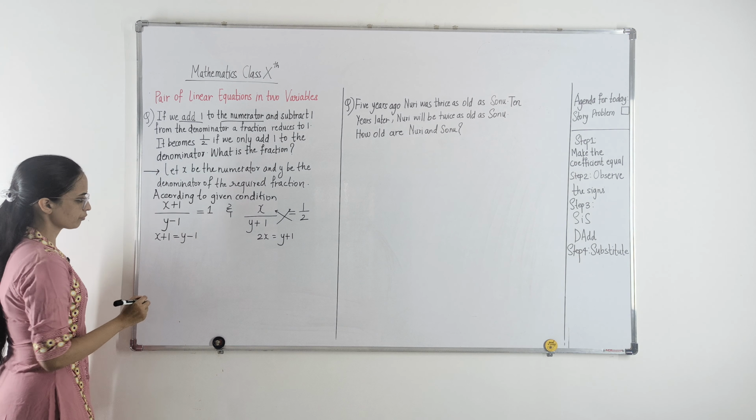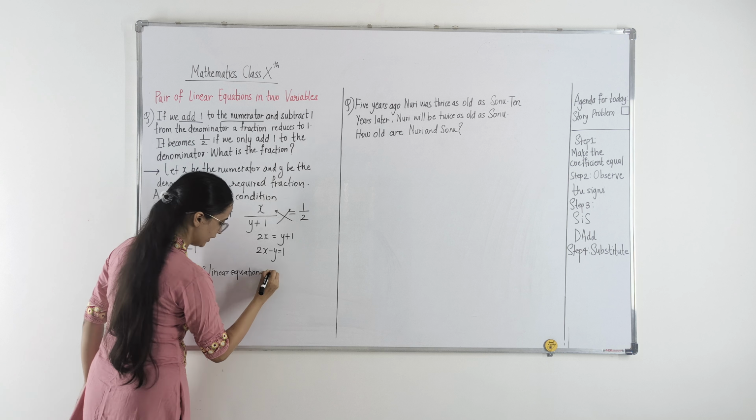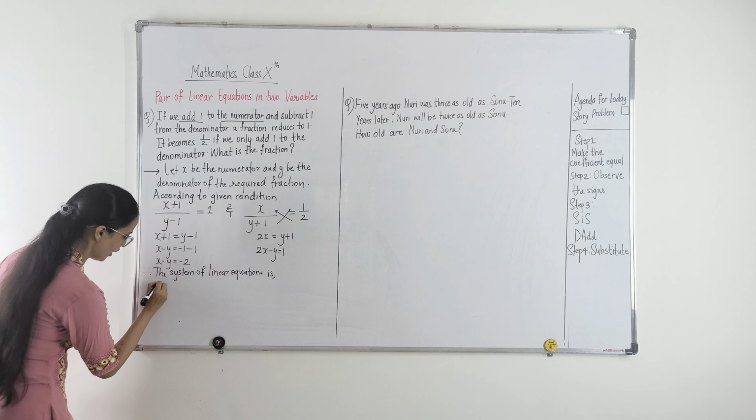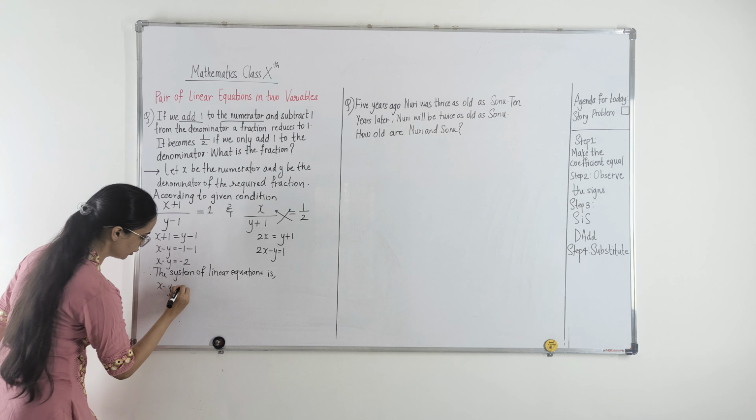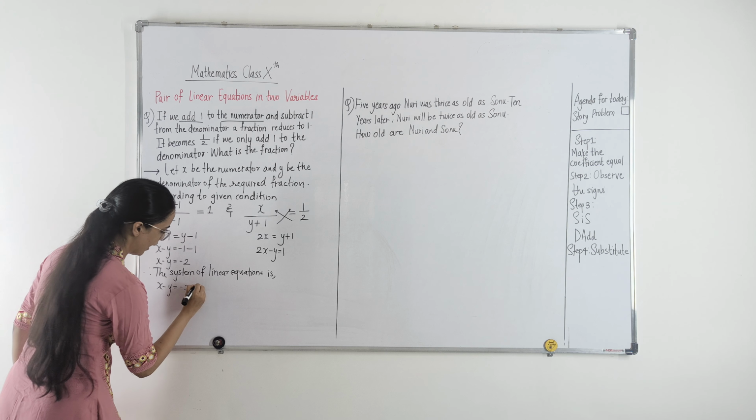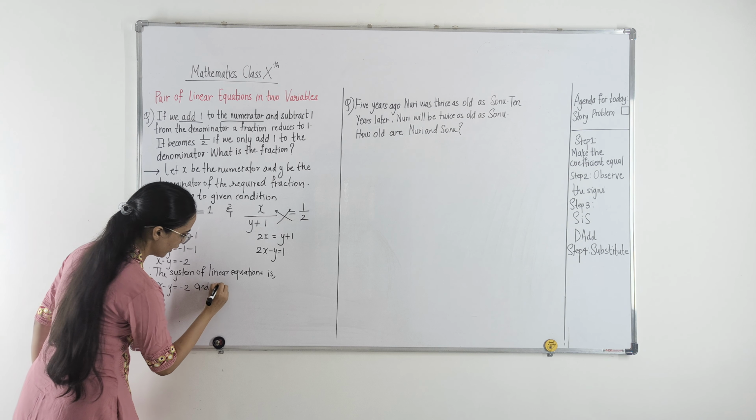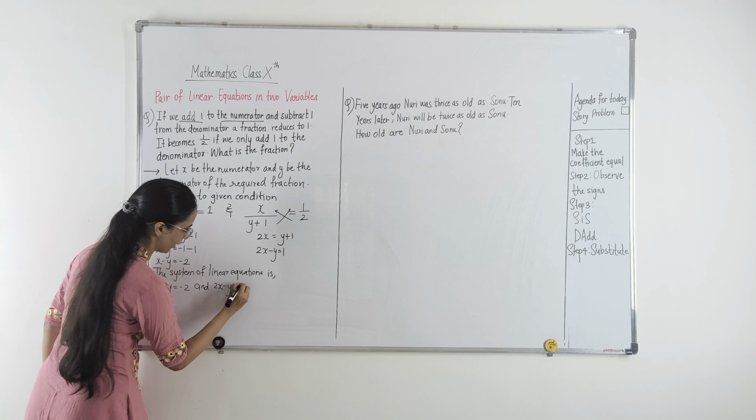Therefore, the system of linear equations is x minus y equals to minus 2 and 2x minus y equals to 1.